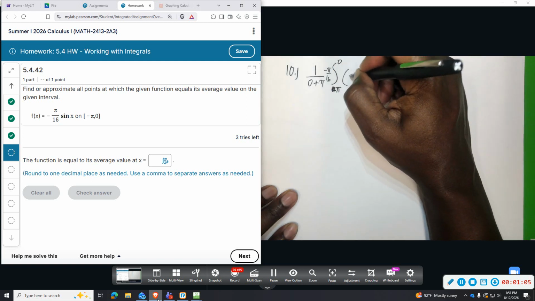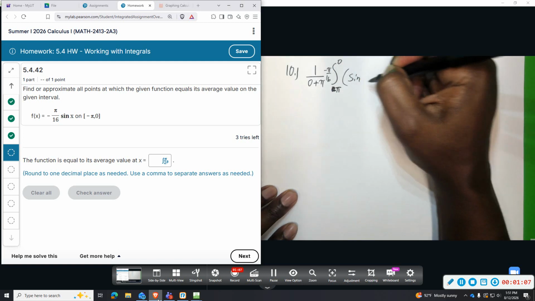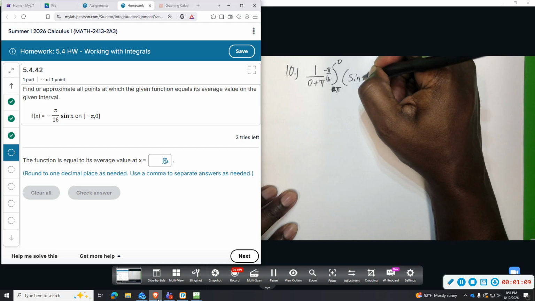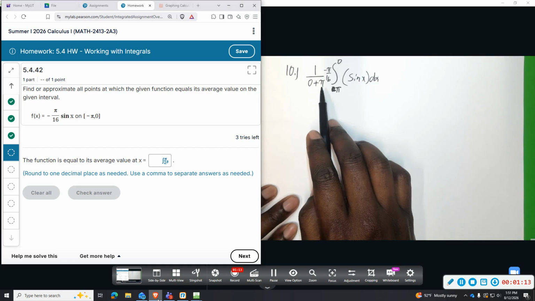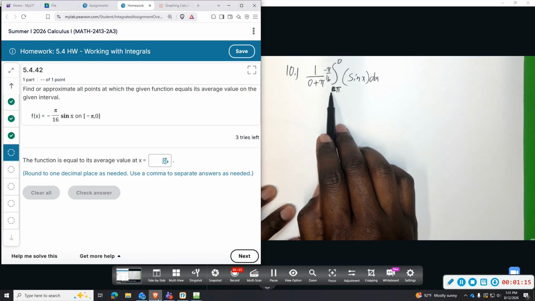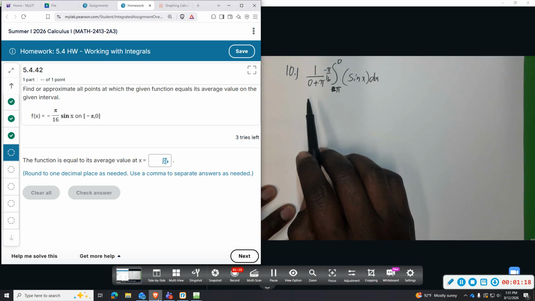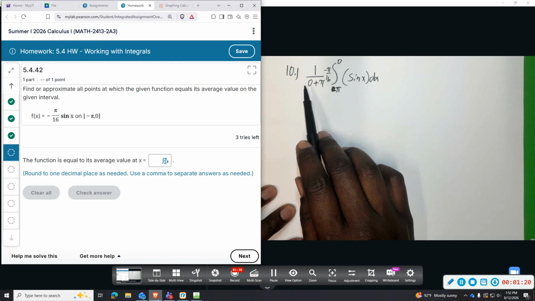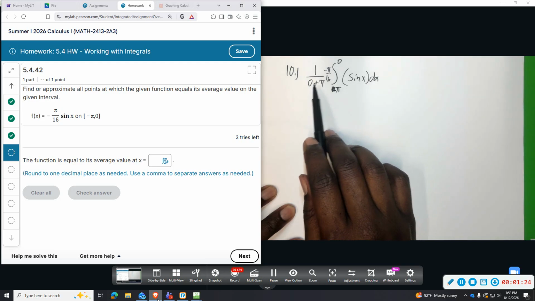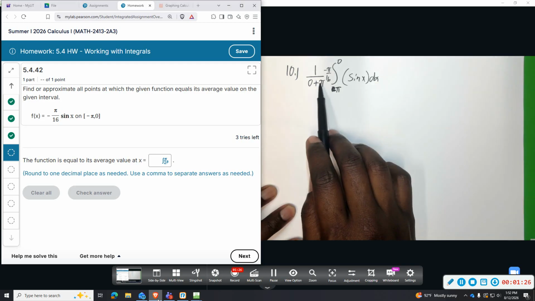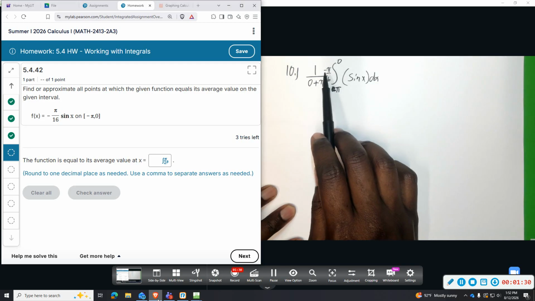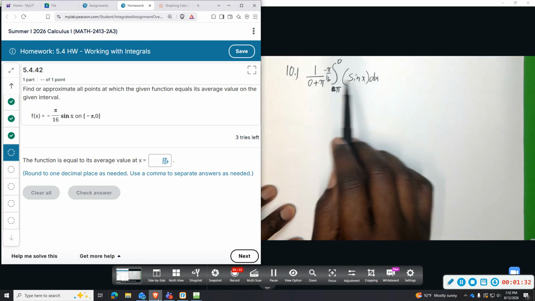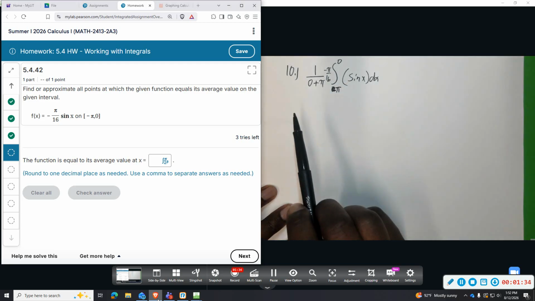And so this will be sine of x dx. All right. So we are integrating from negative pi to 0. 1 over upper limit, which is 0, minus the lower limit, minus the negative is plus pi, so it ends up being positive. And then the coefficient out front, negative pi over 16, put that in front of the integral, and so we're just integrating sine.